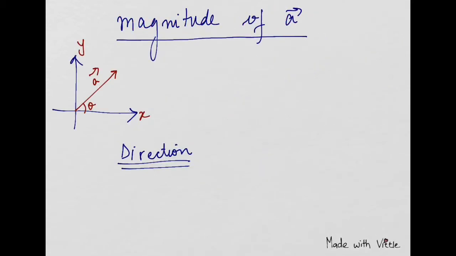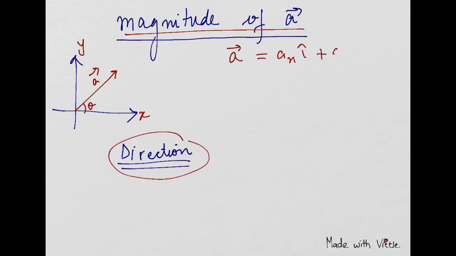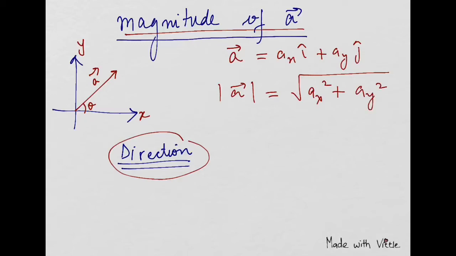Now let's talk about how to find the magnitude of any vector and its direction. As I already told you, vector A is ax i cap plus ay j cap. To find the magnitude of this vector, you take the square root of ax squared plus ay squared. And to find the direction of this vector, which is represented by this angle that it makes with the x-axis, tangent theta equals ay over ax.